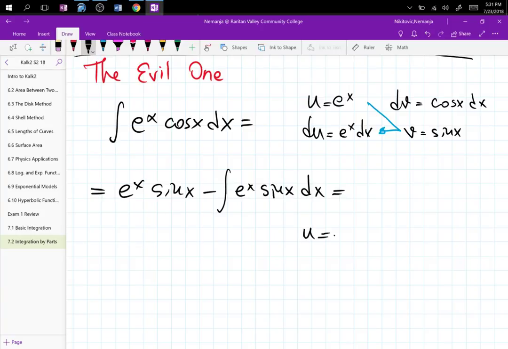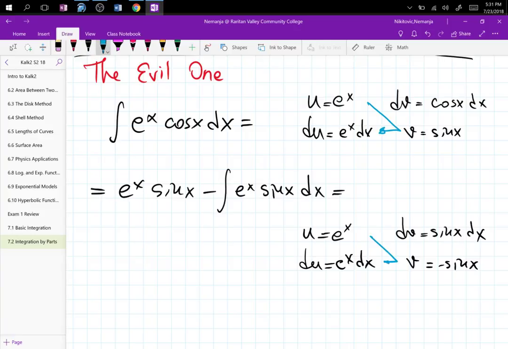So now we have e to the x, and then we have dv equal to sine x dx. The derivative of this one, du, is e to the x dx, and v is negative sine x. And now we set up our integral formula again.